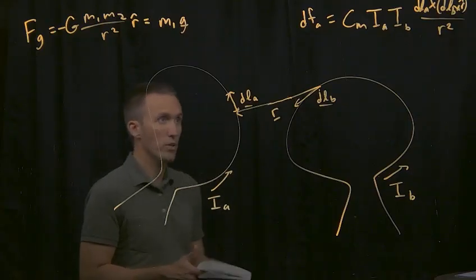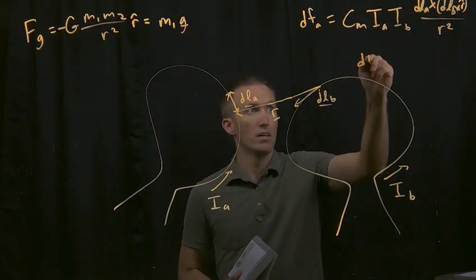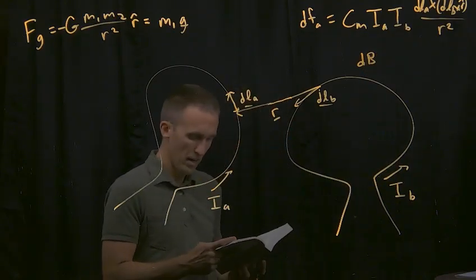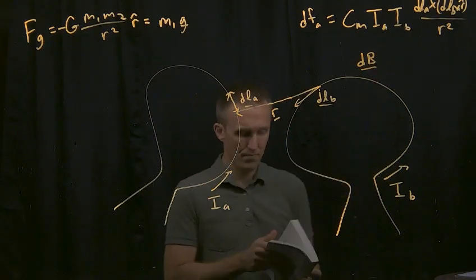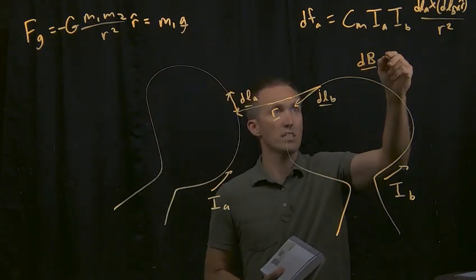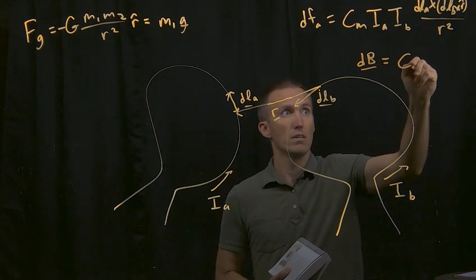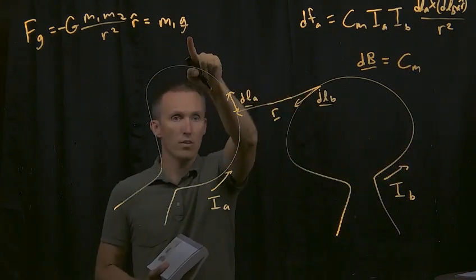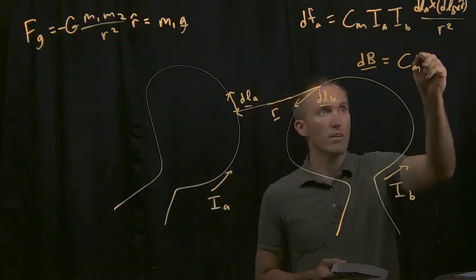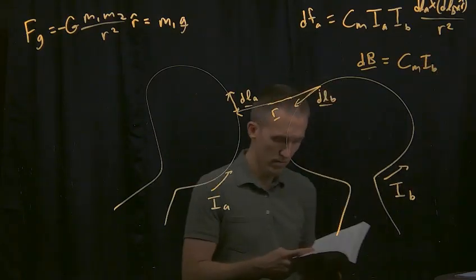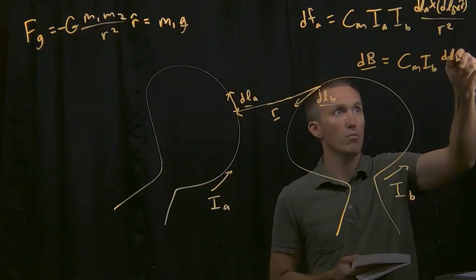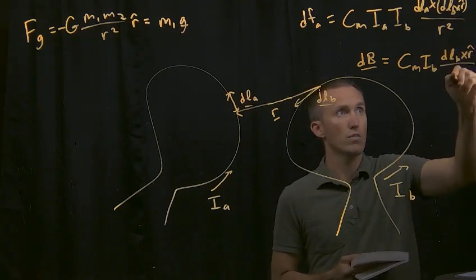Okay, so what we'll do is we'll define something called capital B. And that'll also be a vector. And we're going to just pull some of these things out. Just like here, we had the gravity field. So this is going to be something like a magnetic field. And we'll have our current. And we'll have part of this component here, dLB cross R over R squared.